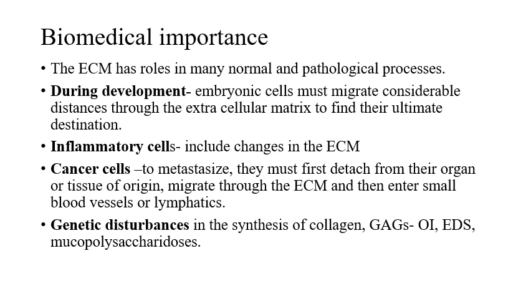Even in inflammatory processes, different biochemical changes are observed in the extracellular matrix. In cancerous tissues, to metastasize or to spread, the cells have to detach from their tissue or organ of origin, then travel through the extracellular matrix and enter the blood vessels or the lymphatics.